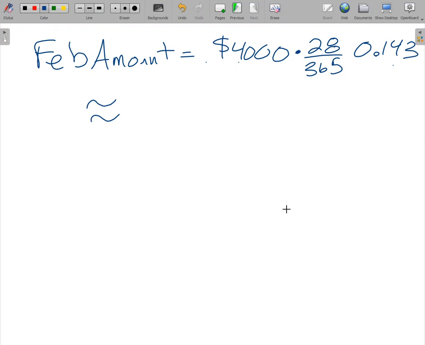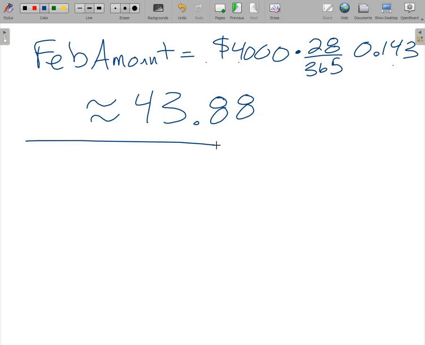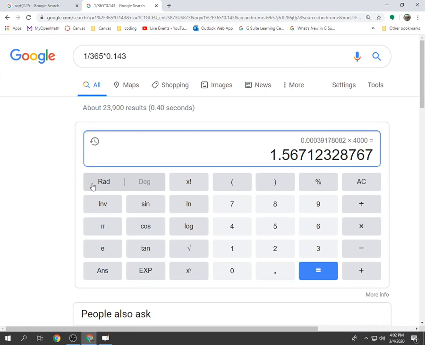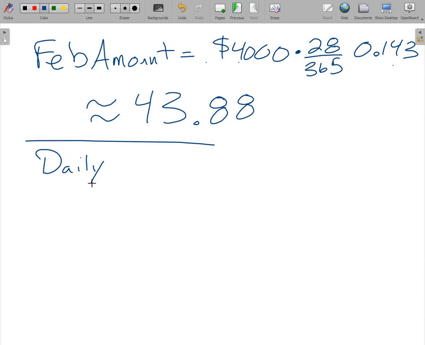So what was this one again here? It was 43 and 88 cents, if you're rounding, because it's 879. So the other way to think about it is the daily amount, which was about 1.57.